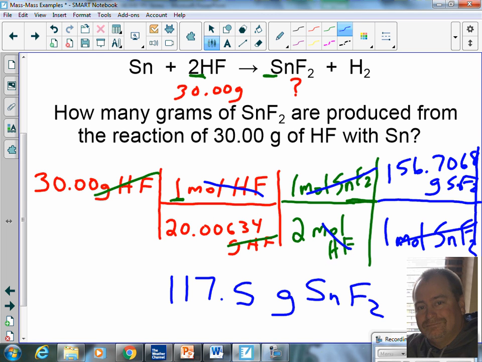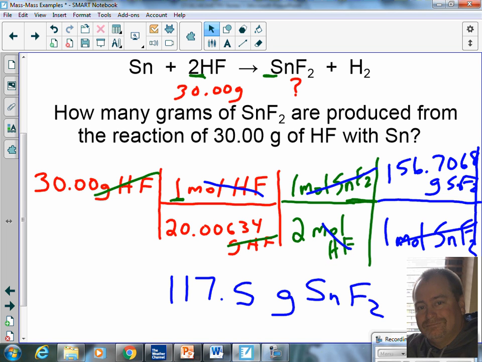Here's what I do on my calculator. I don't need to multiply by 1, so I take 30.00, times 1, times 1, times 156.7068. Gives me a value. I divide that value by 20.00634.